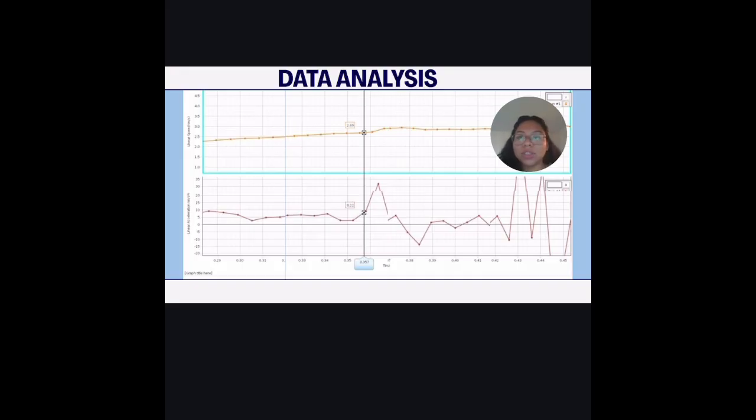In our annotation, it shows that as it was increasing at the time mark of 2.69 seconds, our acceleration was also increasing at 8.22 meters per second squared. When we further examined it, it did match our theoretical acceleration of 8.22, and our graph matched.